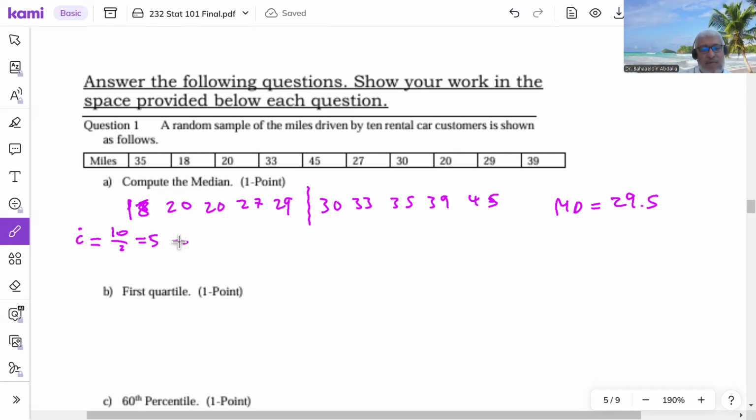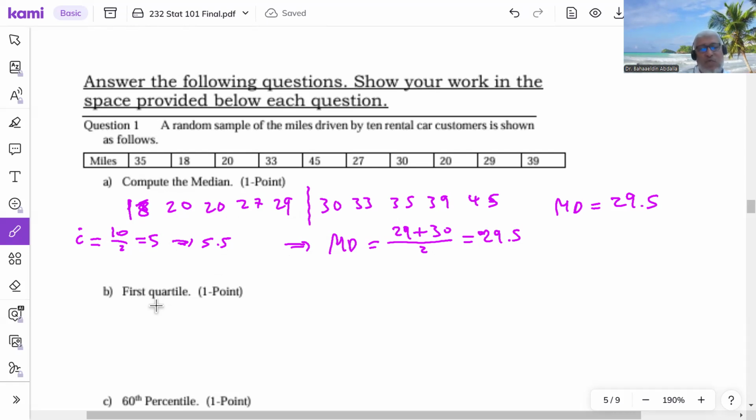Since i is a whole number, you go to 5.5, so it's between 29 and 30. So MD is 29 plus 30 over 2, which is 29.5.